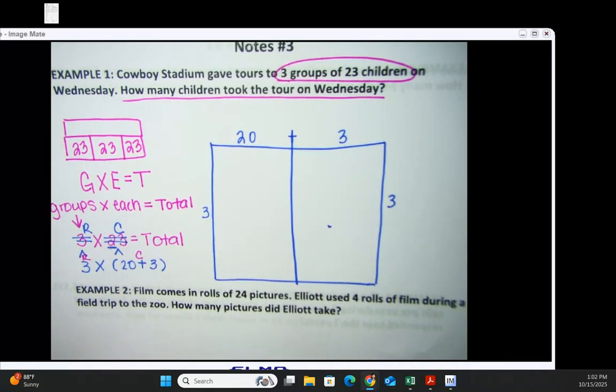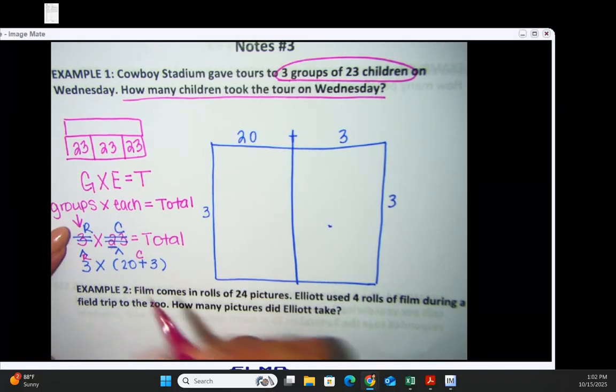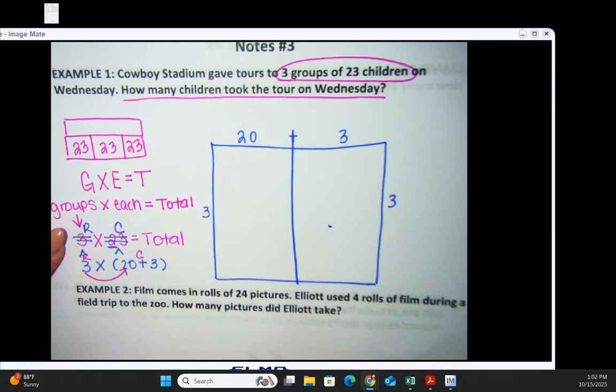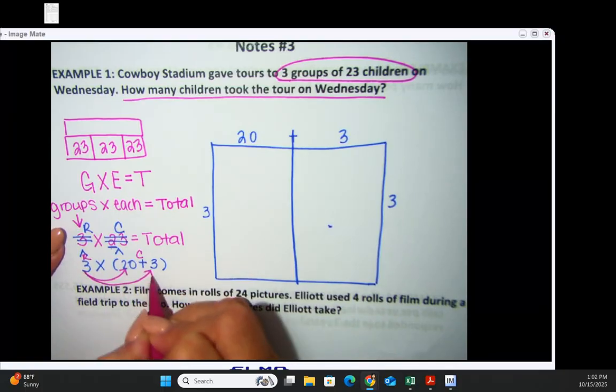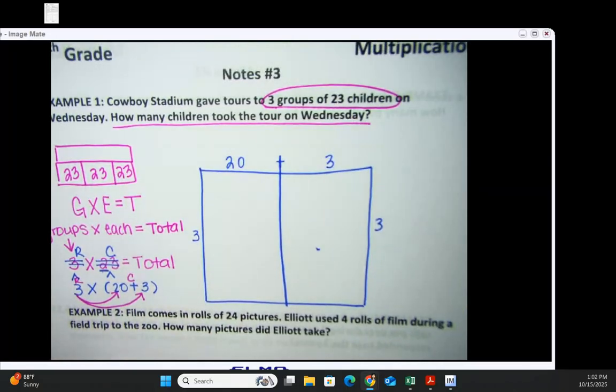Remember, distribution means I pass one out to you, I pass one out to you, I pass one out to you. So what I'm doing here is I'm distributing this factor, 3 times 20 and 3 times 3. That's what I'm going to multiply. So now I can represent that here.